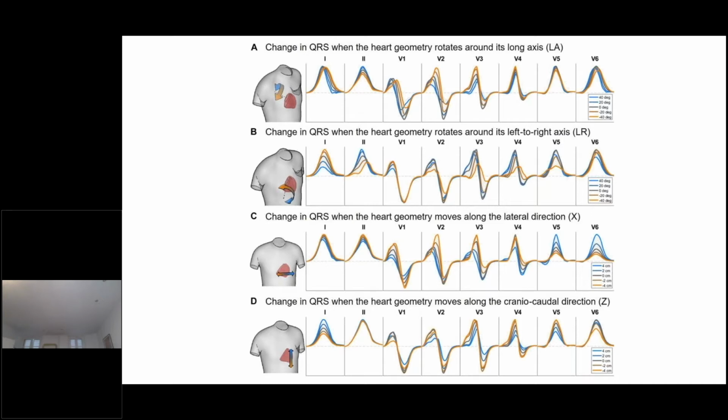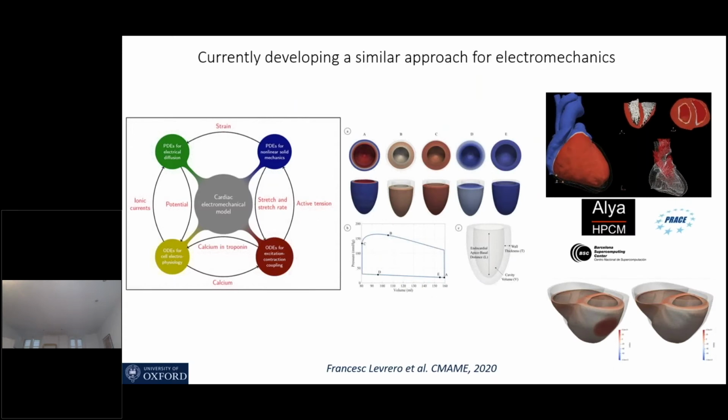So one of the ideas is to be able to learn these changes using learned models. And then we could incorporate these, and we can fine-tune the understanding of the ECG that we expect from a particular patient, given the torso geometry and the location and the pose of the heart within the torso.